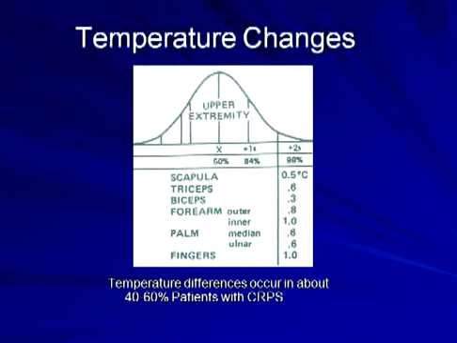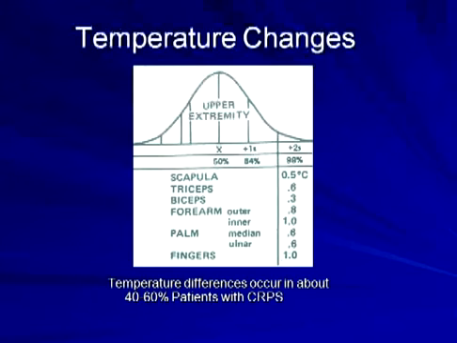So if you look at these areas, scapula, triceps, biceps, etc., the 2+ standard deviation range was anywhere from 0.5 to 1 degree Celsius. And if you had this amount of difference, it was 2 standard deviations from the mean.